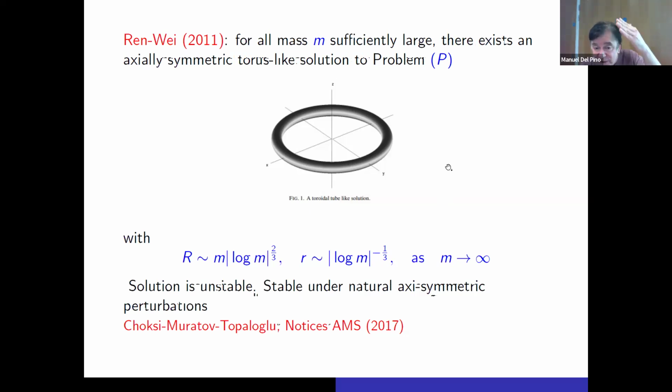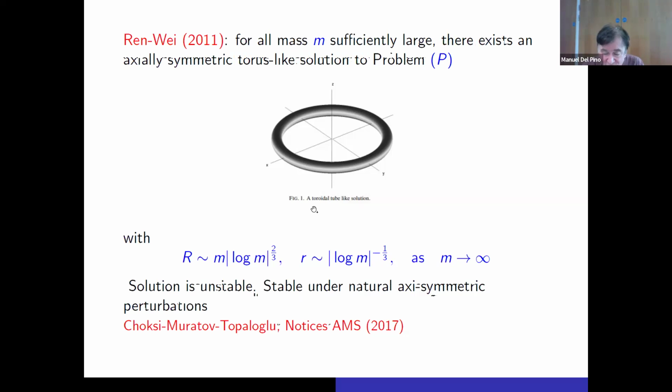It's not a torus with a circular section. The section is not exactly a disk. It is like a deformed disk, something close to a disk, but it's not a disk.